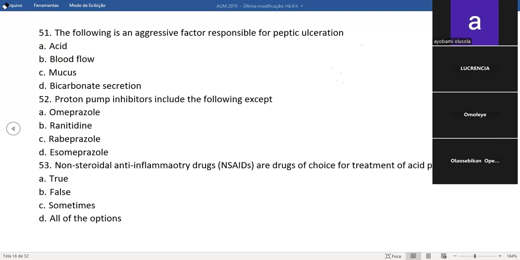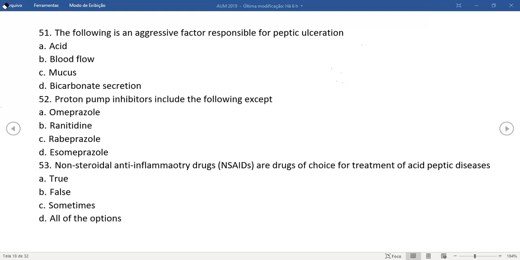Proton pump inhibitors include the following except ranitidine. Non-steroidal anti-inflammatory drugs are drugs of choice for treatment of acid peptic diseases. True, false.